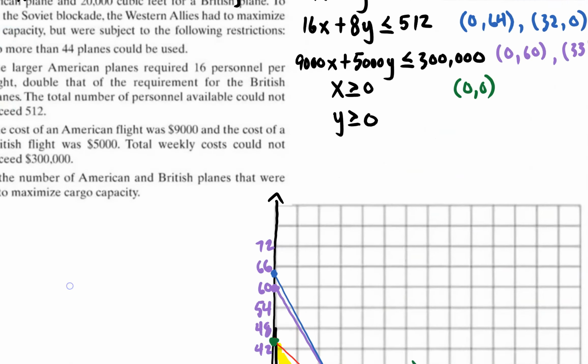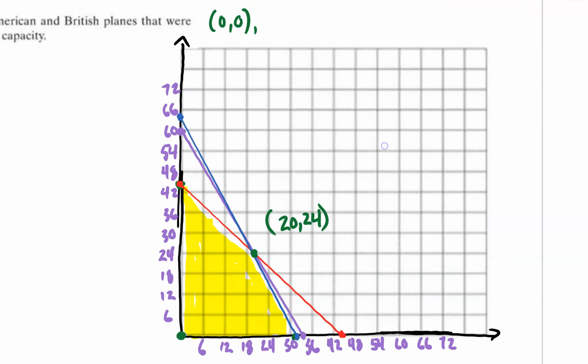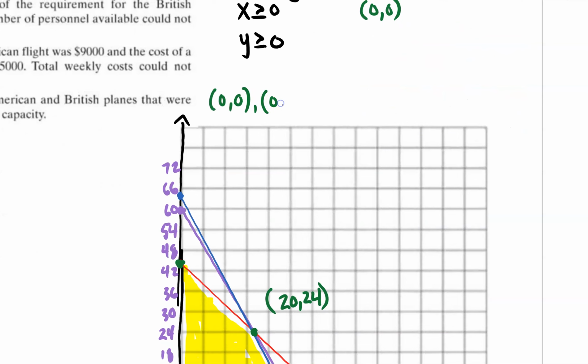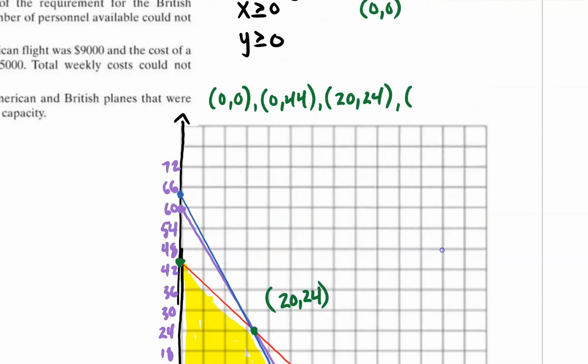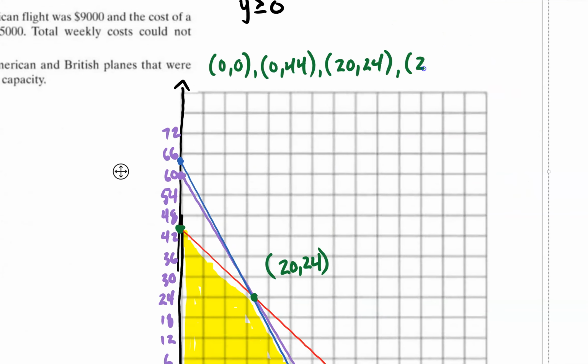So 0, 0, let me just put these up here. 0, 0, that's one of the points. 0, 44 is another point. The next one was 20, 24. And the last one would be 0, 32, I believe, was the other one. No, 32, 0, sorry. So 32, 0.